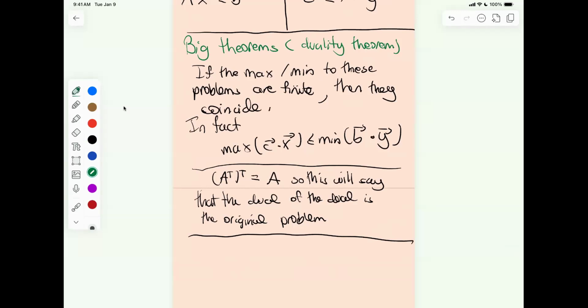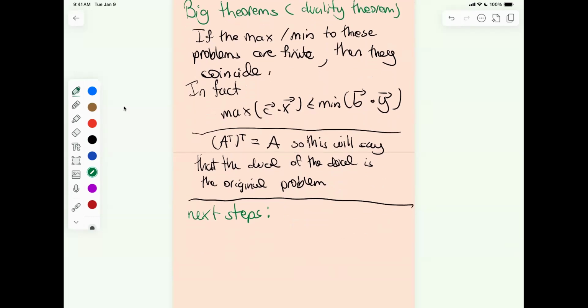So what are the next steps? As I said before, finding the corners can take a lot of time, because there can be exponentially many corners; the number of corners can grow exponentially with the number of inequalities and variables. So finding the corners directly can be tricky and may not be realistic.